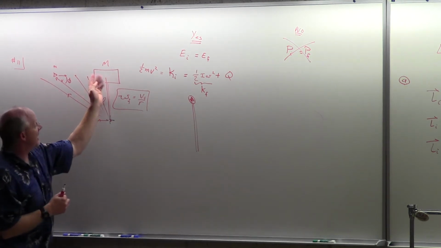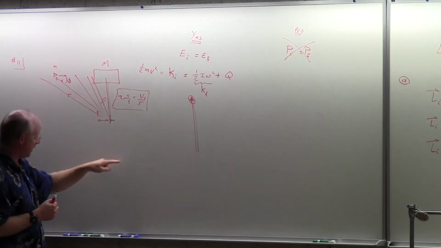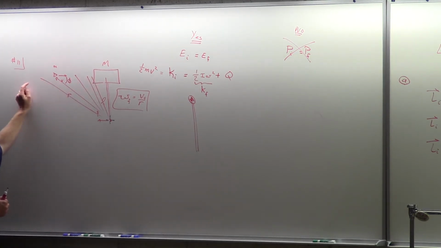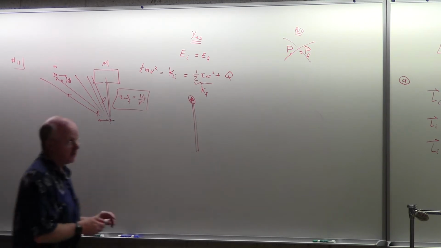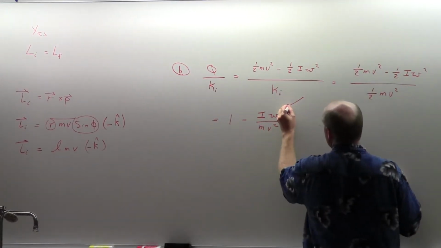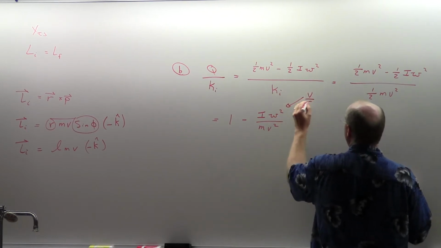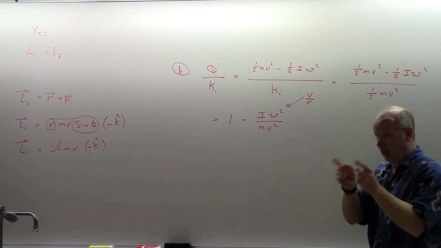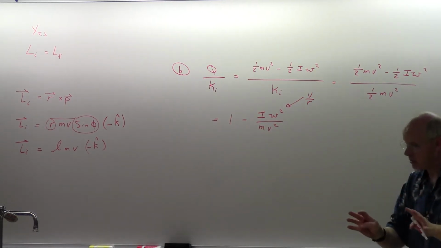Is the velocity of this object going around in a circle the same velocity that the bullet was coming in? No. And so if you went down the road of saying that is v over r, and you treated that v as the same as that v, you're going to run into troubles. That's not what those mean.